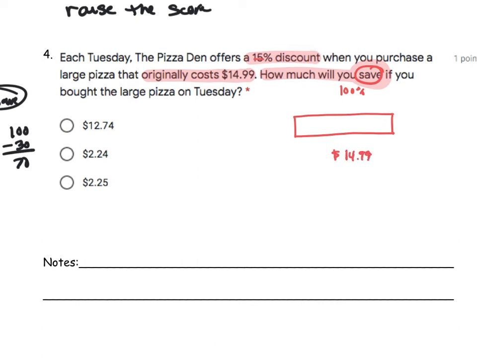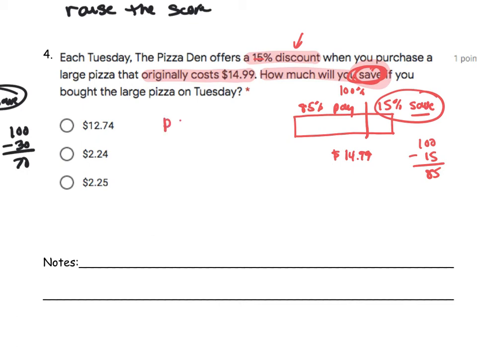And I'm going to take off 15% and remind myself that the amount I take off is what I save, and 100% minus 15% gives me 85%. So 85% is what I'm going to pay. But remember, they ask for the save percent. So I'm going to go directly to the save.